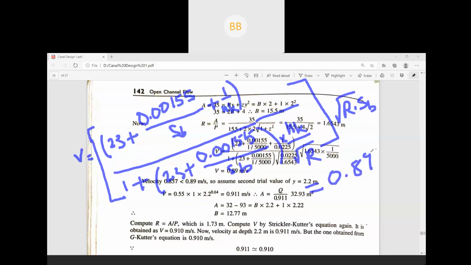meter per second. Here nk value is already given, bed slope is also given, and r value we have already calculated. So you substitute here and find out the velocity and see you are getting the same value or not.